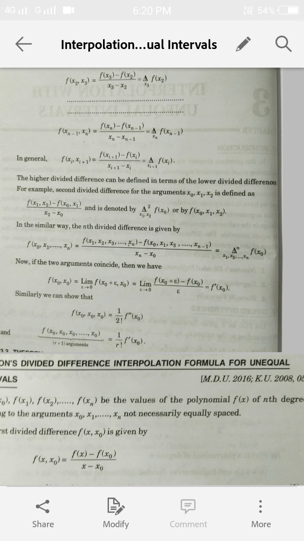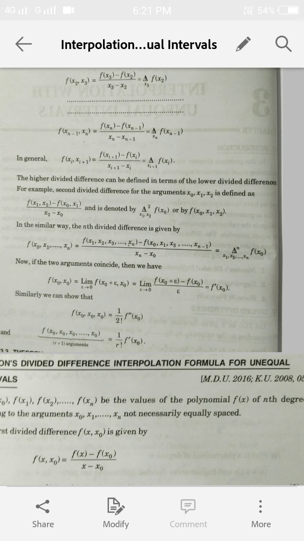Now the second divided difference will be equal to f(x1, x2) minus f(x0, x1) upon x2 minus x0, and we denote it by del square f(x0), operating on x1 and x2. In a similar way, we can find the nth divided difference, and this will be equal to the difference of the (n minus 1)th divided differences. So in a general way, we can find this.